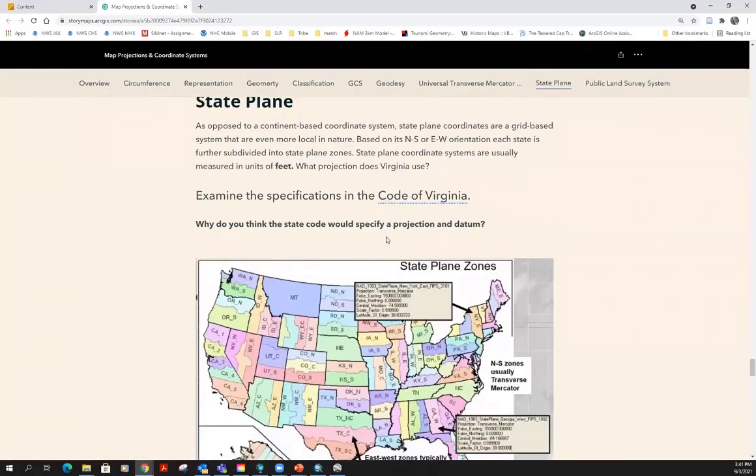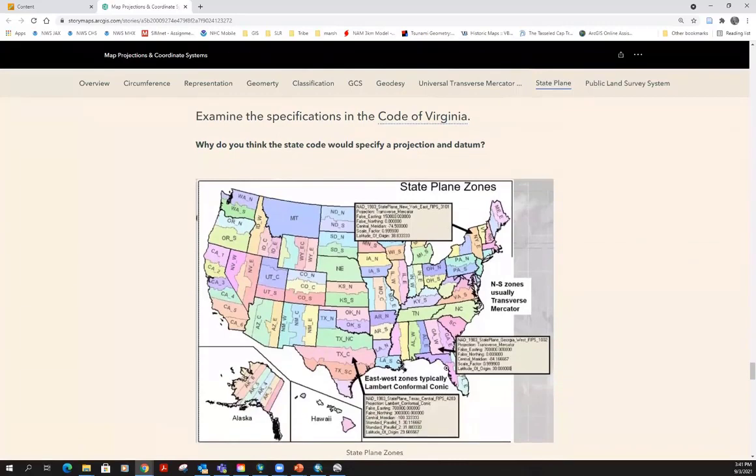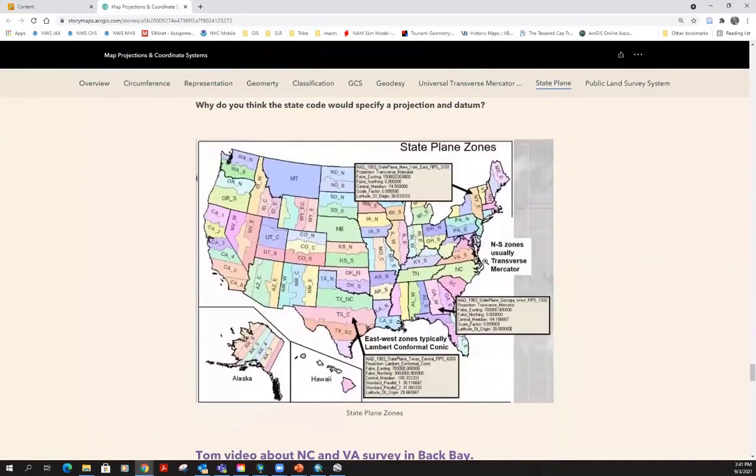In the United States, we haven't really adopted the metric system commonly, and we go back to feet. Very commonly states have one or more of their own map projections and coordinate systems. They use feet. They are very similar to UTM, but they are unique to each of these zones within a given state. Virginia has a north and Virginia south.